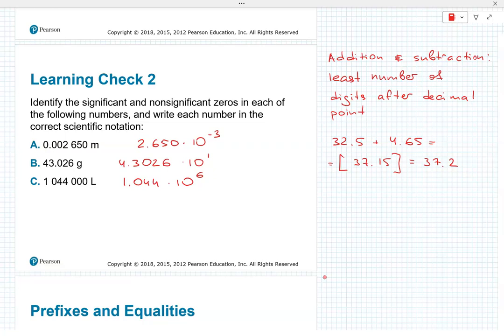Does that make sense? I'm going to do one more without rounding, and it's going to be simpler. So let's say we have 14.77 plus 4.2. When you put it in a calculator, the answer is going to be 18.97.